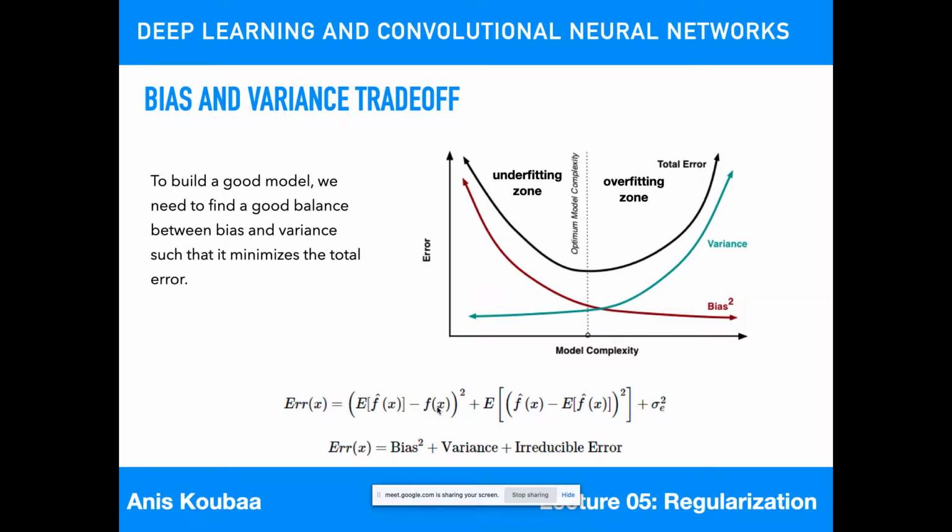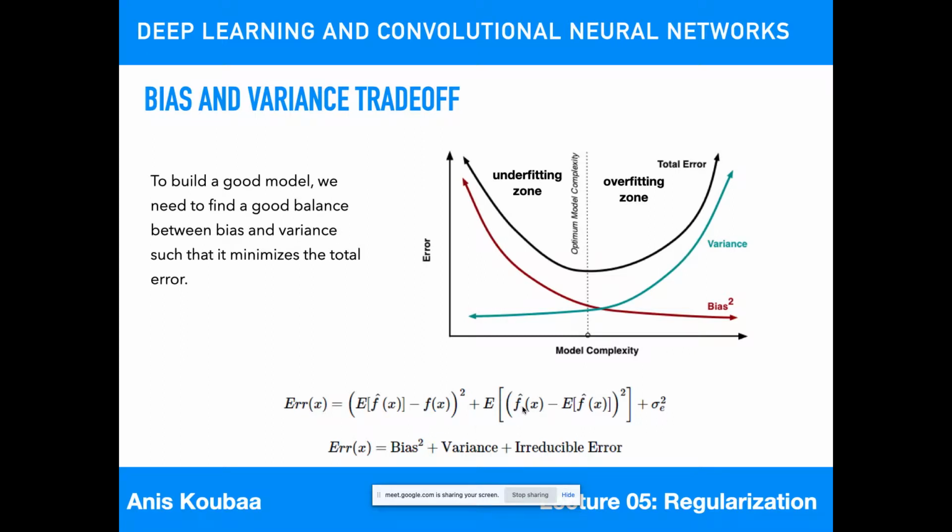It's like the distance between the model and the ground truth value, and we take the square. It gives me the square of the bias.